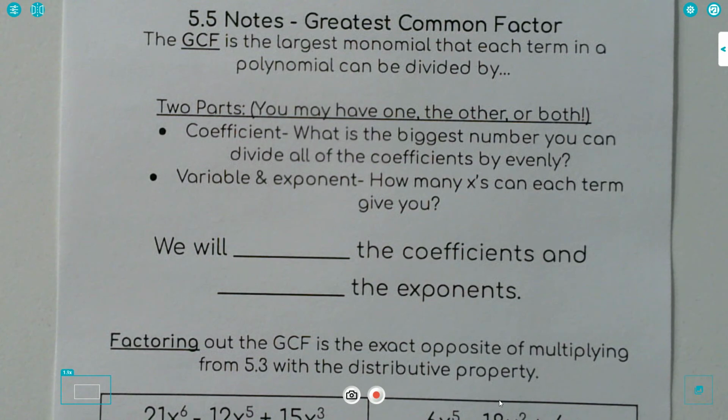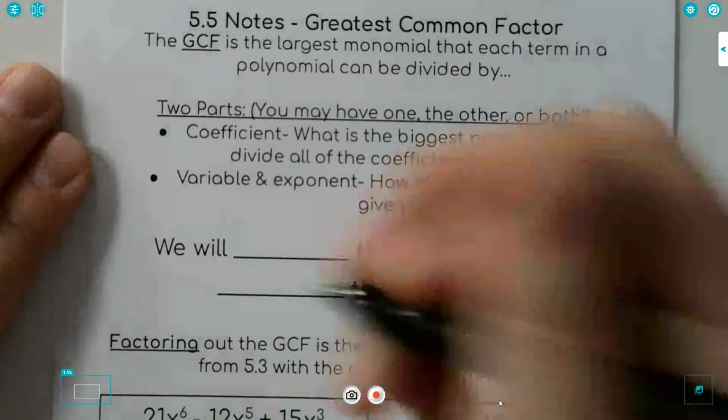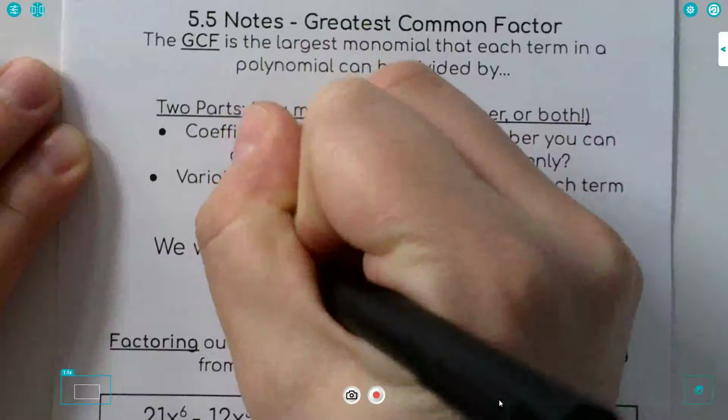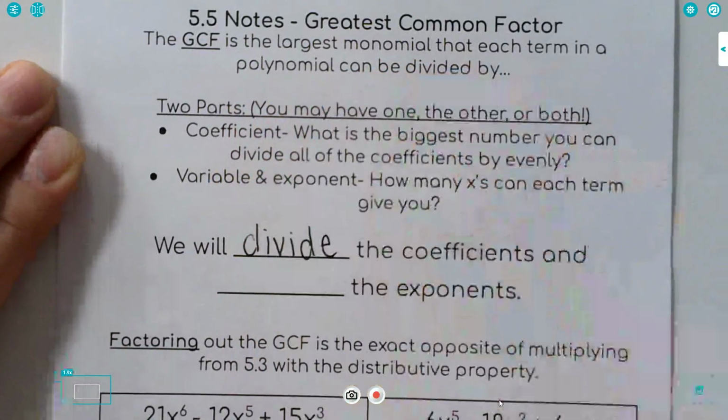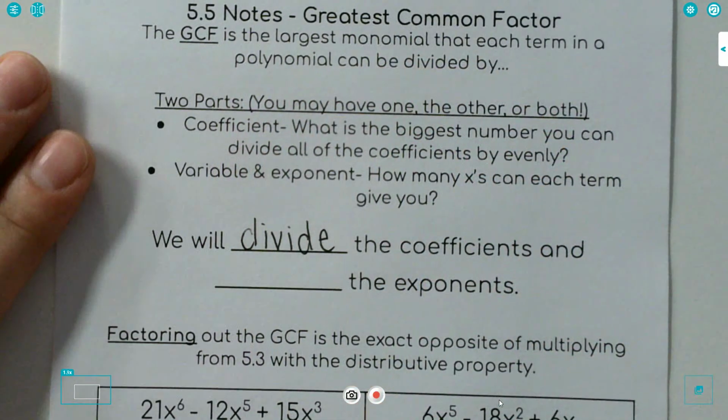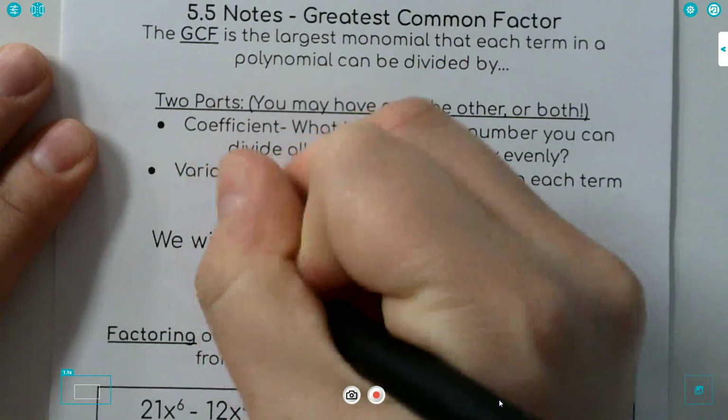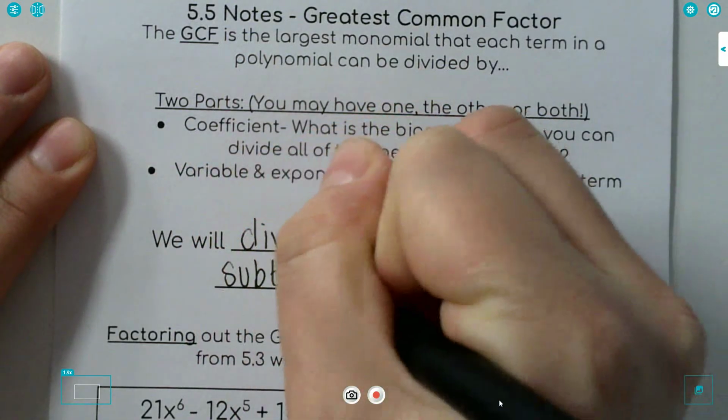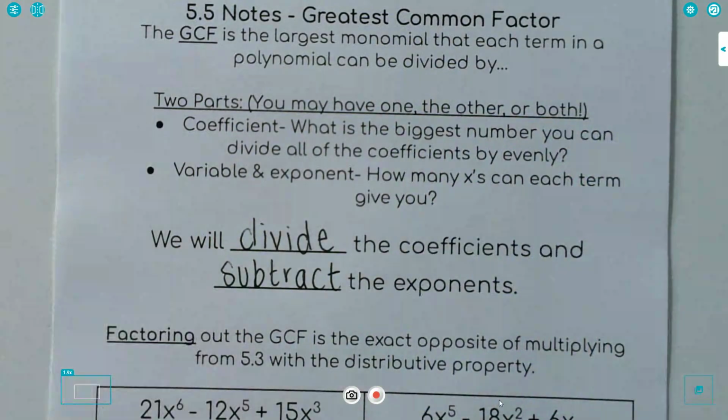Once we figure out what the greatest common factor is, we will divide the coefficients and we will subtract the exponents because we're dividing them out. That's the quotient rule, to subtract your exponents. Now I've got a little note here.